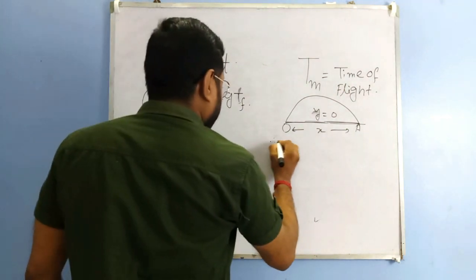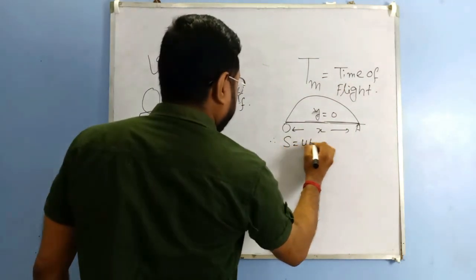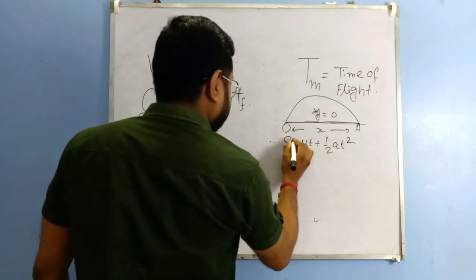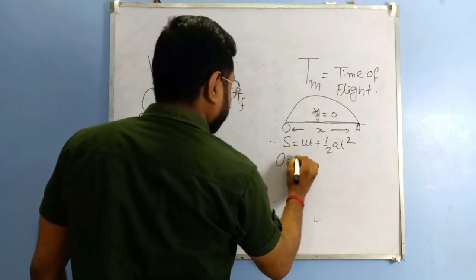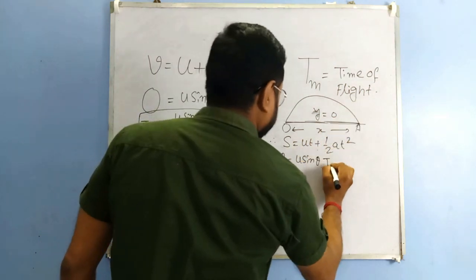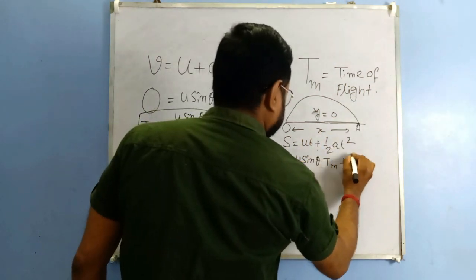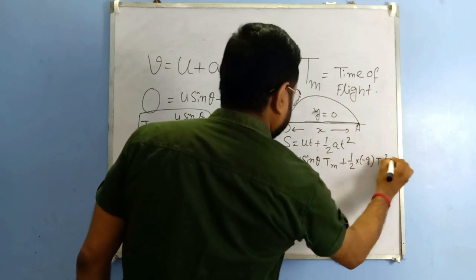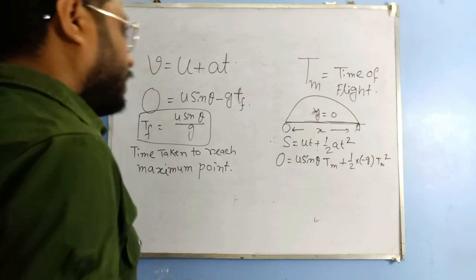So from s equal to ut plus half at square, the vertical distance s is 0 equal to u sin theta, t here being the total time of flight Tm, plus half into minus g into Tm square.